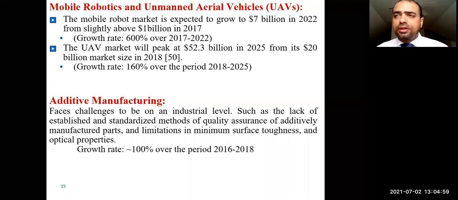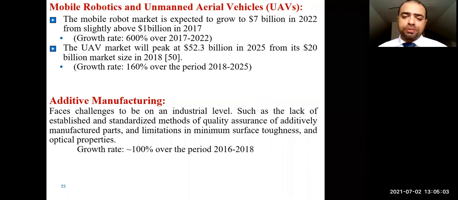This is the main thing that limits its widespread use in the manufacturing industry. And other things, for instance, limitations on surface roughness and optical properties and so on. But still, additive manufacturing has one of the strongest growths of all technologies.